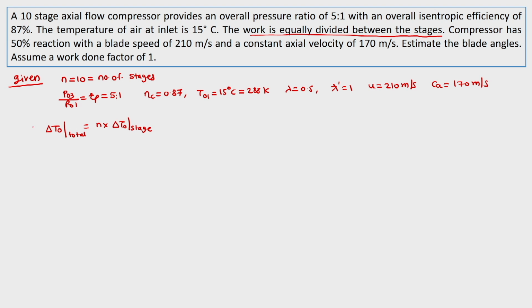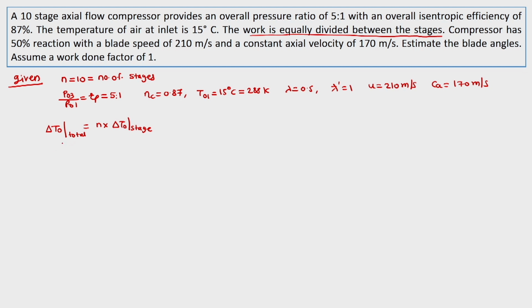Since if we multiply both sides by Cp, then we get Cp into delta T naught as total compressor work, and this is number of stages, and this will become compressor work in a stage. So this total work would get divided equally in all stages. It implicitly means that the temperature rise is the same in all the stages.